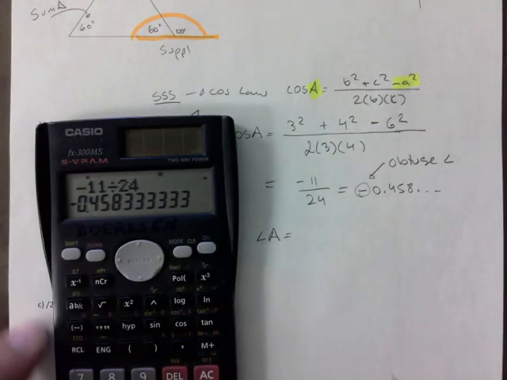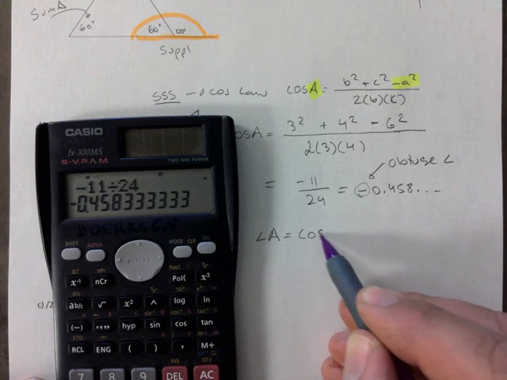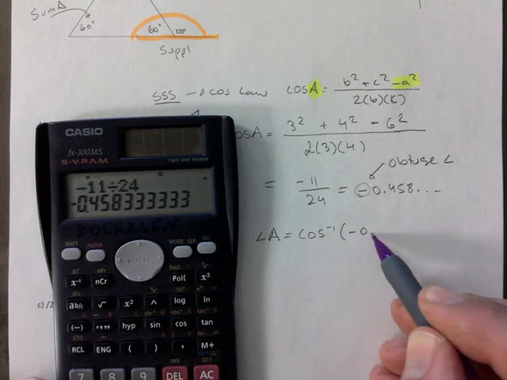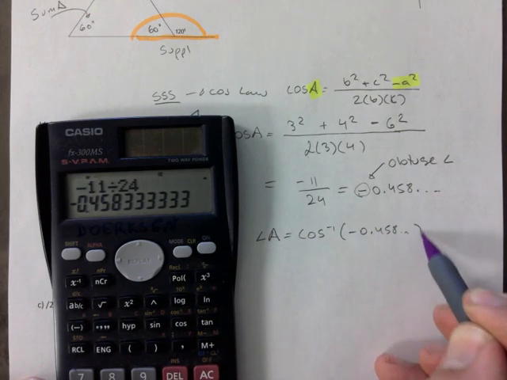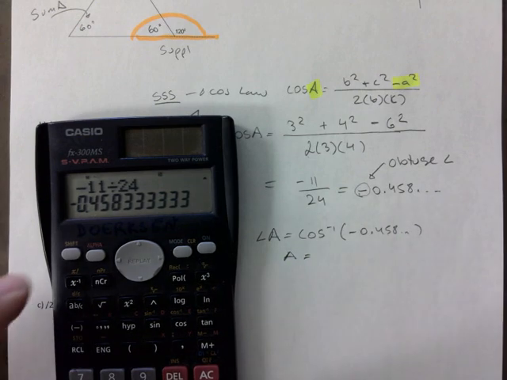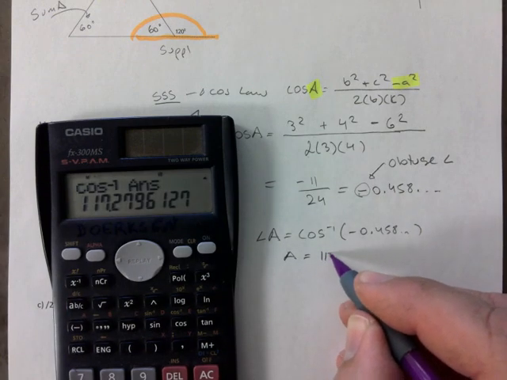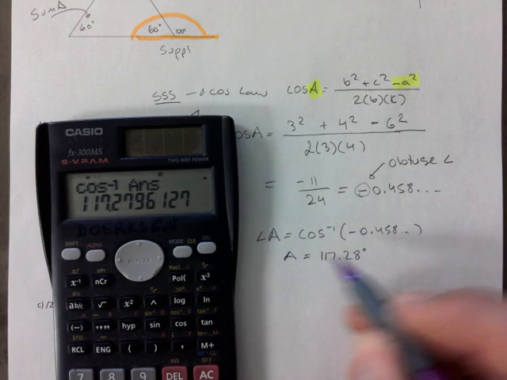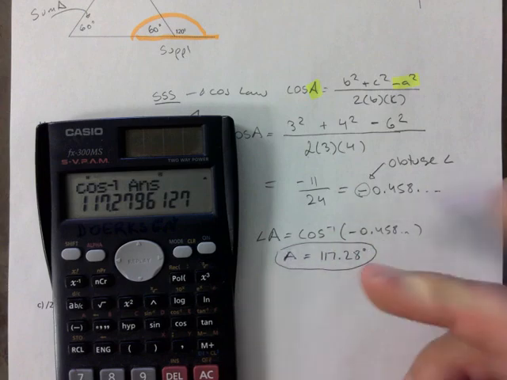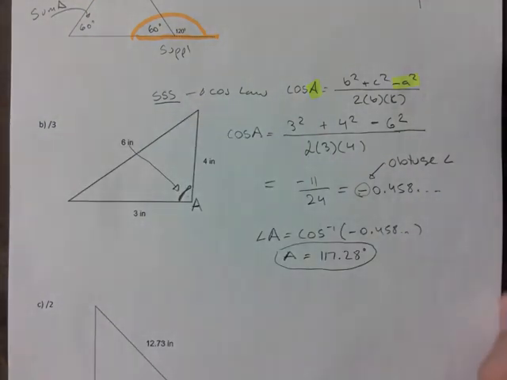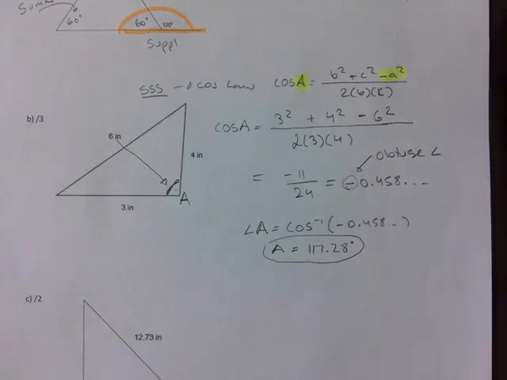So let's go ahead and find out what this is. So cosine inverse, negative 0.45 something. Angle A is shift cosine to call inverse, 117.28. Remember that. If you're using cosine law and you get a negative, it's going to be obtuse.